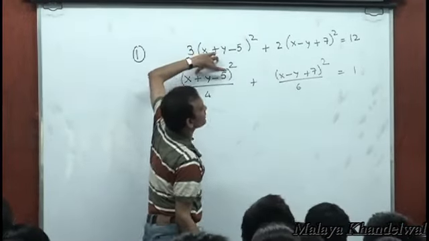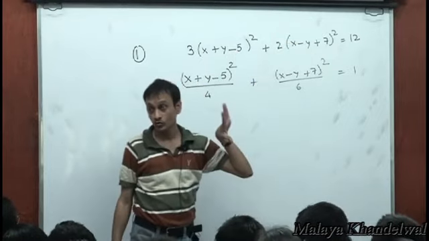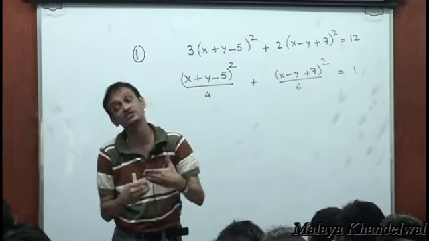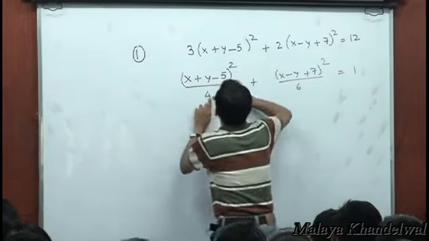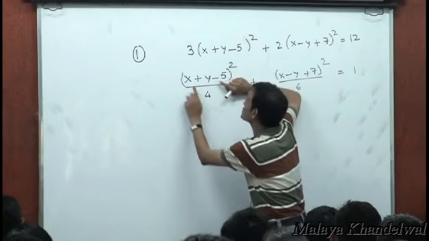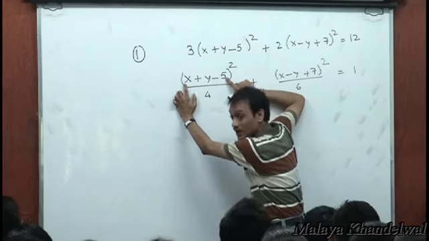this equal to 0 is a straight line, this equal to 0 is a straight line, and you realize that they are perpendicular to each other. So between the two, they would share the major and the minor axis. One of the two would be the major axis, the other one would be the minor axis. This is a smaller number, this is a larger number, right? Above the smaller number would be the major axis.